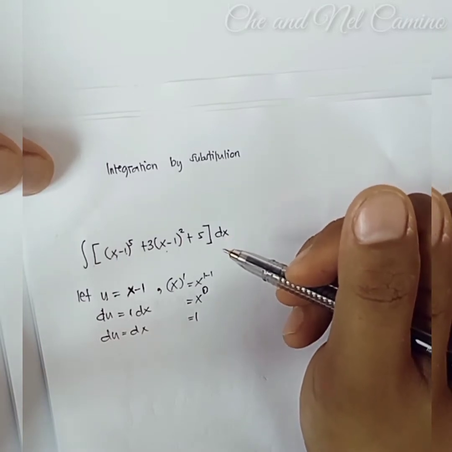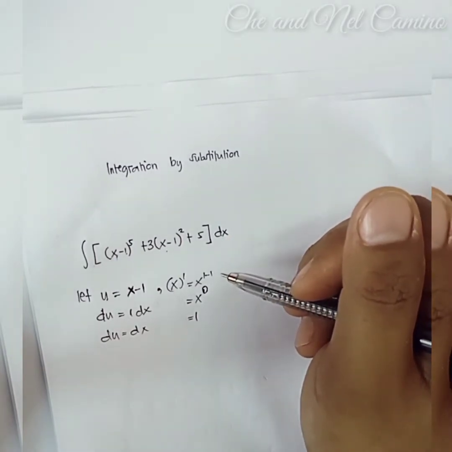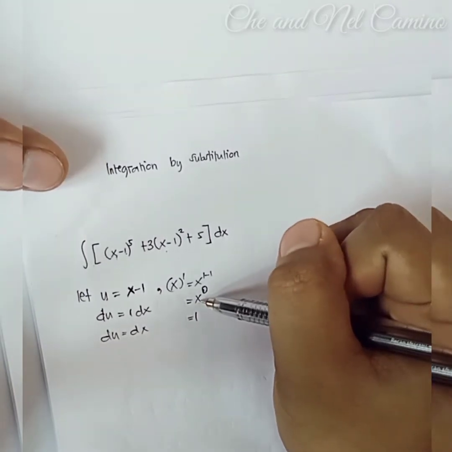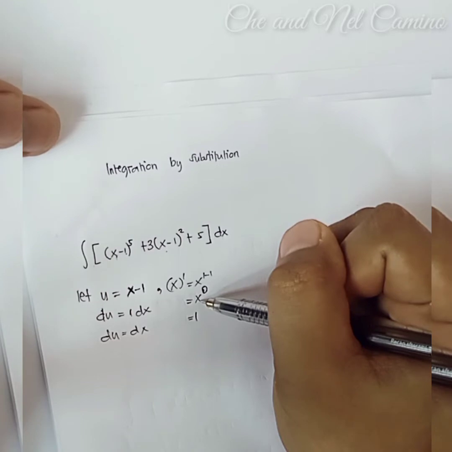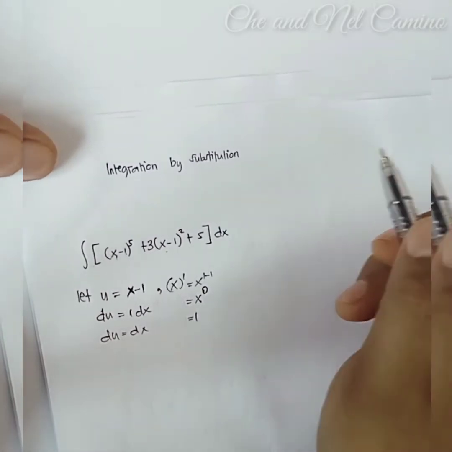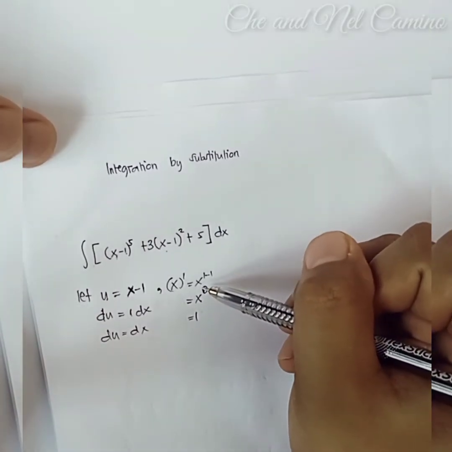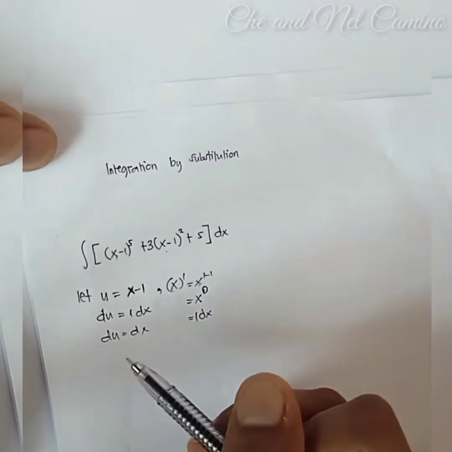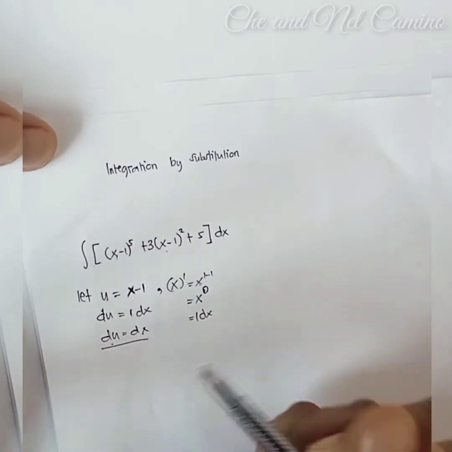Otherwise, if 0 is raised to 0, that is another topic. So again, any number or variable raised to 0 is equal to 1. Since we have differentiated x, we will use dx here. So du is equal to dx.